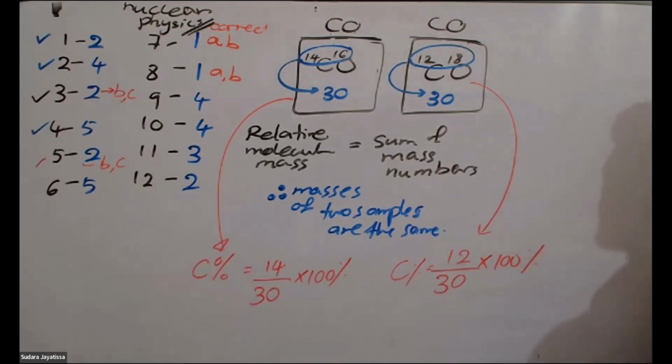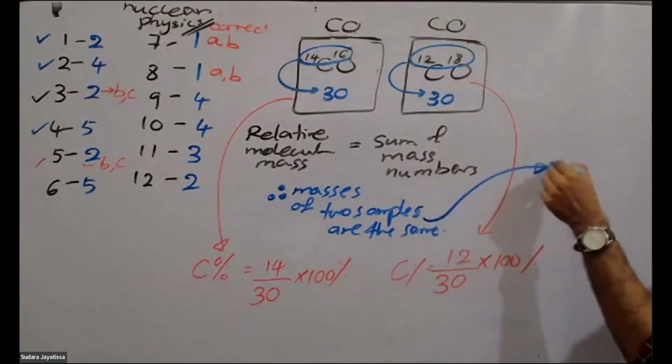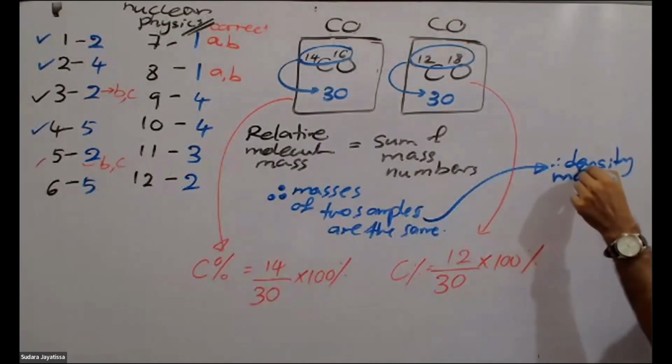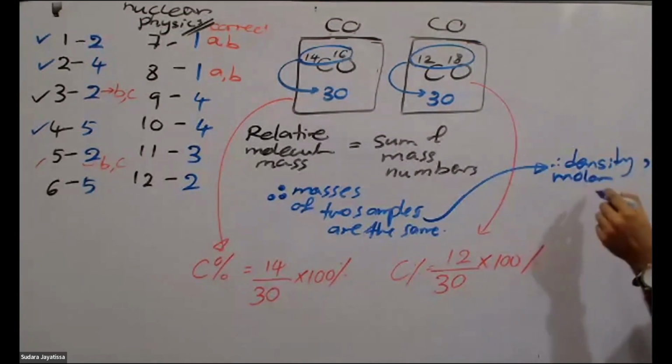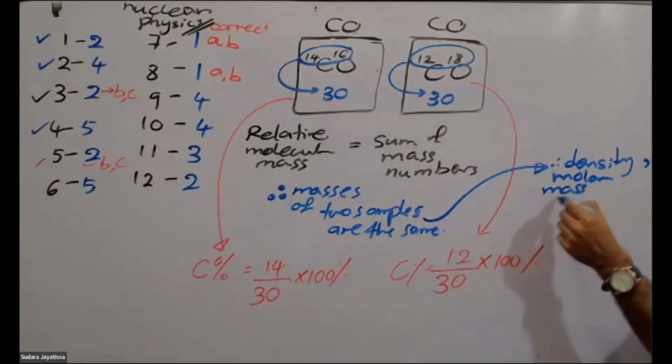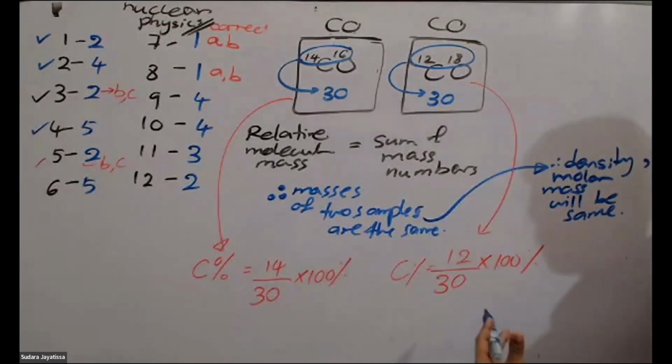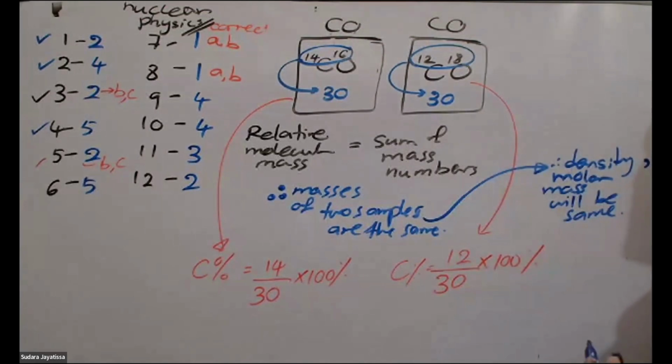That is the only significantly different thing. So their densities and everything is going to be similar. Masses are the same, therefore density and molar masses will be the same. Chemical reactivity is anyway the same because they have the same configuration, because they are the same compound.